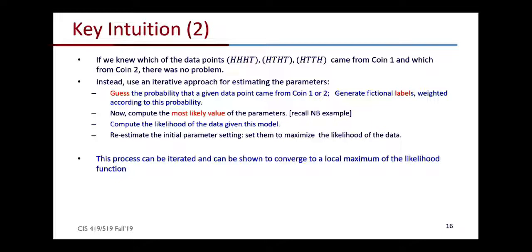Now we can continue. We can compute. We can estimate our parameters. We can run the naive-based algorithm for this data, get new parameters, which I call here compute the most likely value of the parameters, as we did in the naive Bayes example. And we can continue. What does it mean? We can compute the likelihood of the data now, re-estimate our parameters, and keep on going. So essentially, we are running the naive Bayes algorithm.